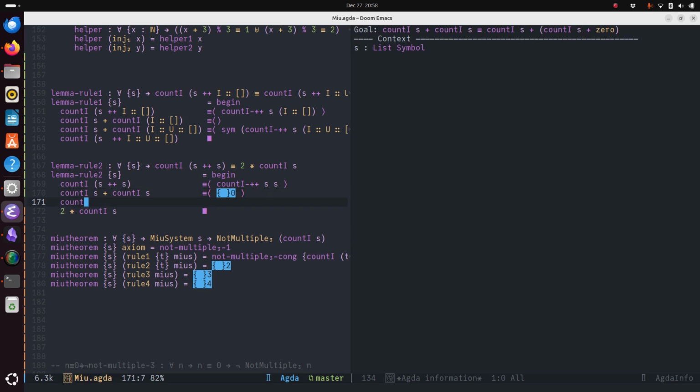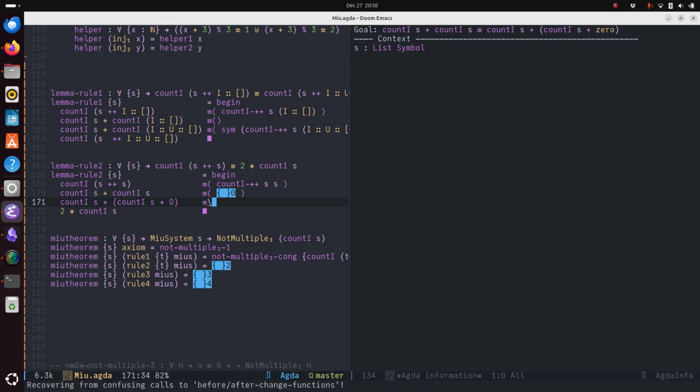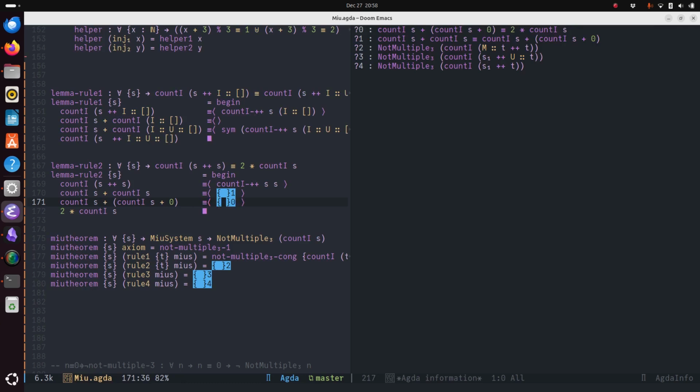Okay, let us do it in 2 steps. I'm sure Agda will be able to figure it out. So this is proven. Now we can rely on this. Okay.